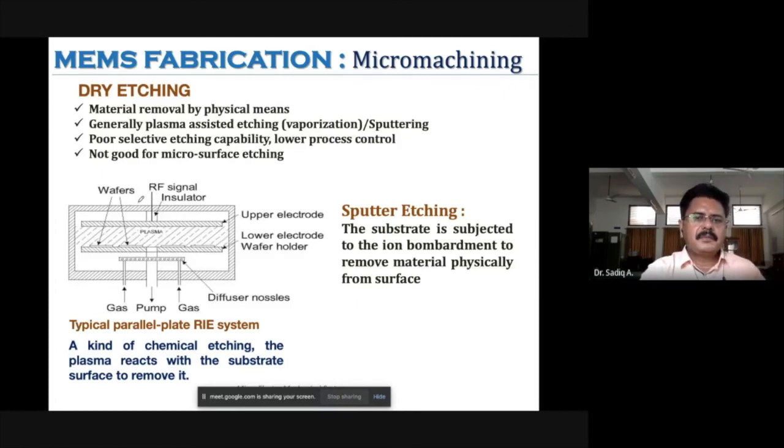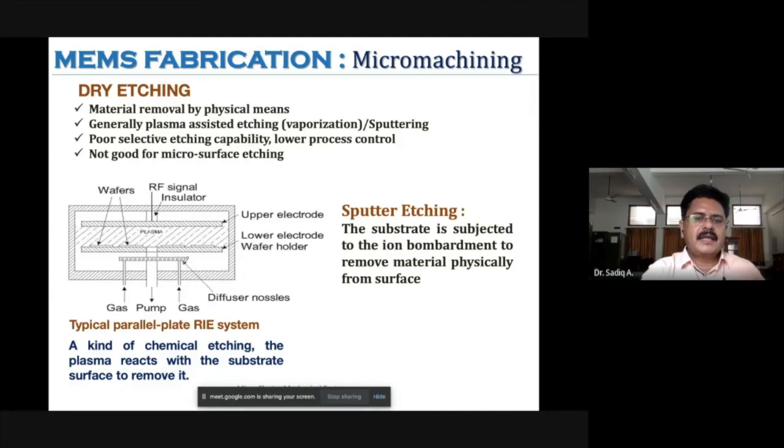In this diagram, we see a typical plate reactive ion etching system. RIE stands for reactive ion etching. In this system, this container is what we call a reactor. There are two plates, two electrodes, and there is a provision to remove the gas inside, making it a low pressure chamber.